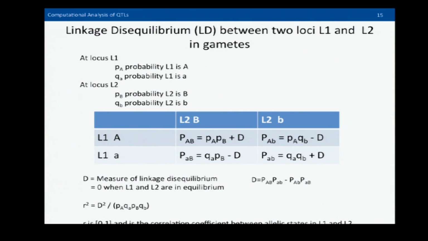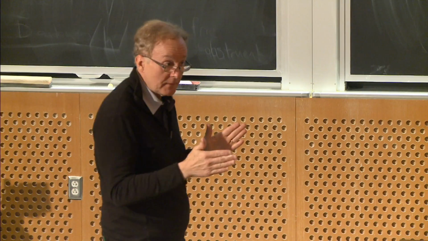If you take the 2 loci, we have L1 and L2 here, and now we're talking about the population instead of a particular individual. If the likelihood of the capital allele A is p sub A, and the probability of the big B allele is p sub B, then if they were completely unlinked, the likelihood of inheriting both of them together would be p sub A times p sub B, showing independence.